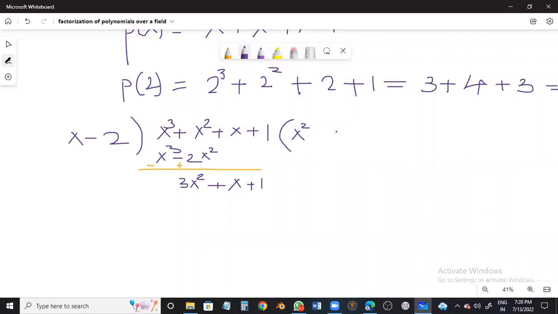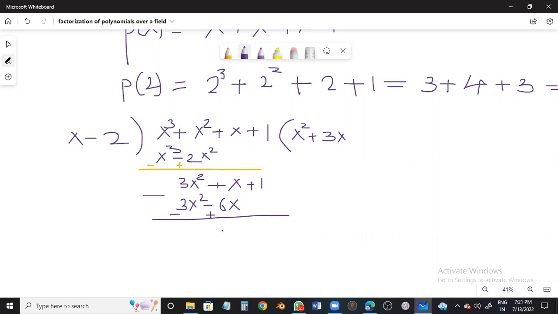What is the quotient now? I want 3x square, so I need 3x. 3x into x gives me 3x square minus 6x. At this moment, let me write minus 6x. And we are subtracting. So what happens? This goes off, and this becomes 7x.